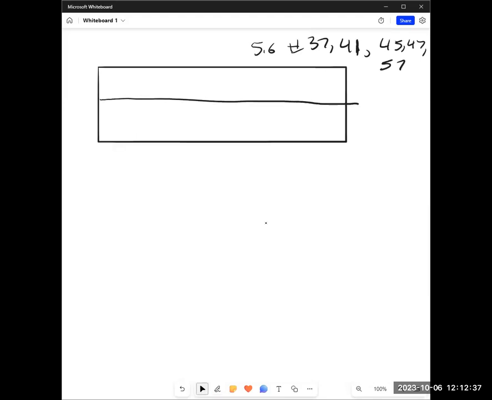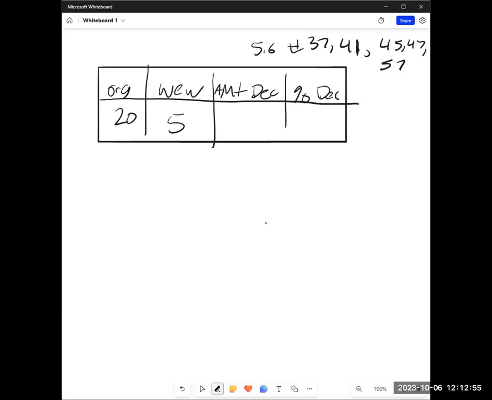And the original amount was 20. New amount is 5. Amount of decrease, percent of decrease. So the amount of decrease is the difference here: 20 minus 5 is 15.